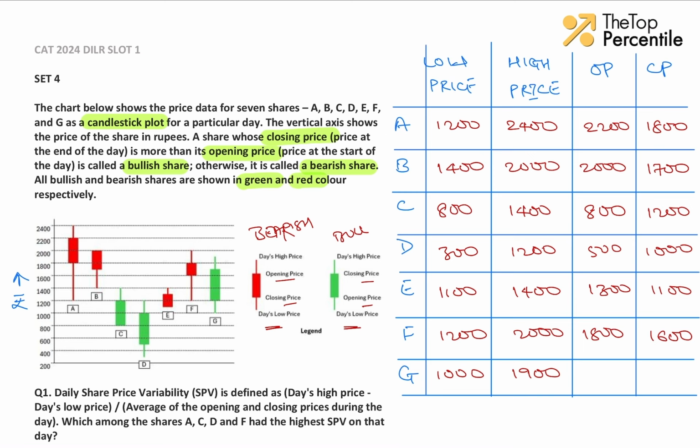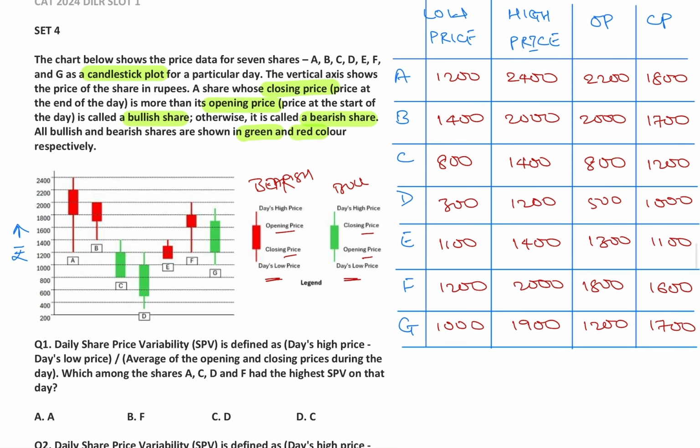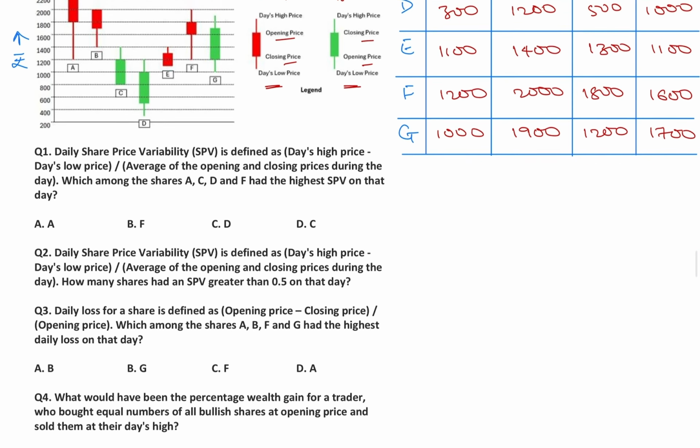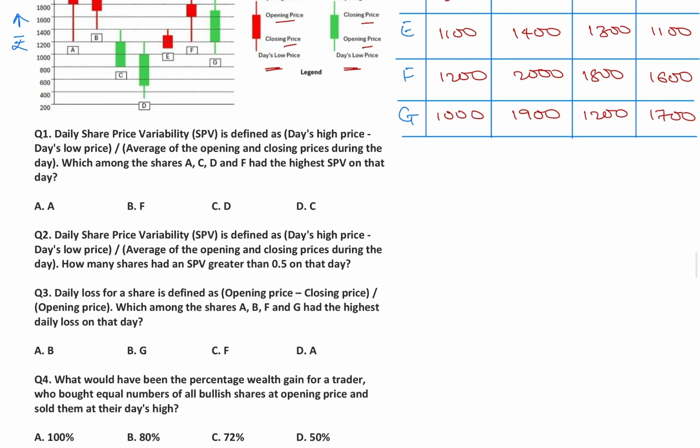The opening is at 1200 and closing is at 1700. Okay, so now pretty much I have completed the table. Now I don't think we can do anything more. Let's move on to the questions.